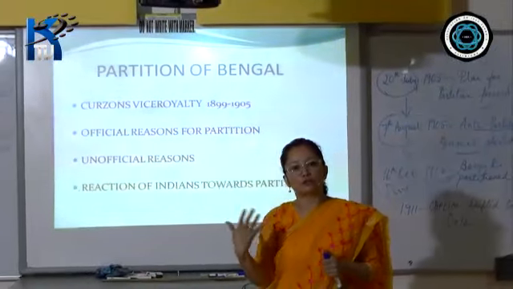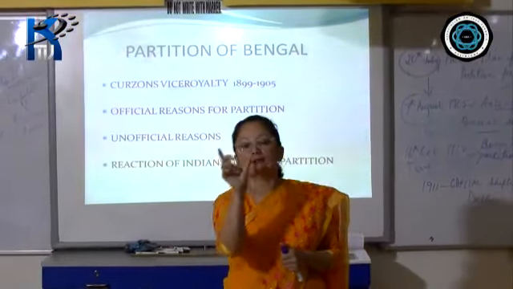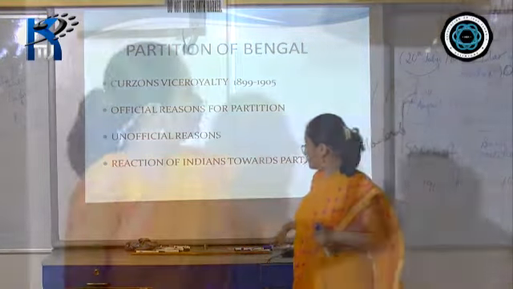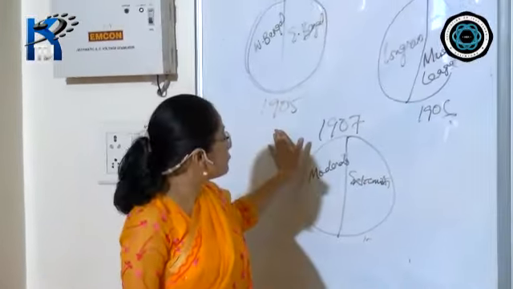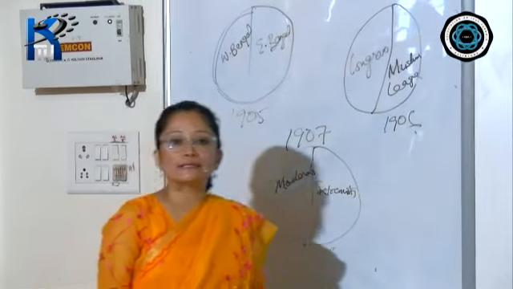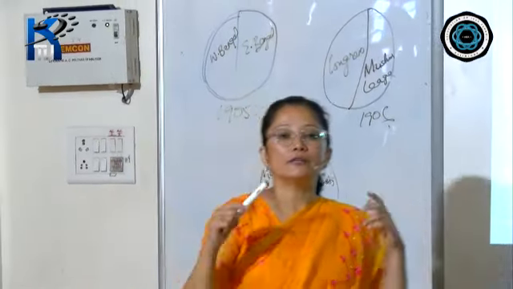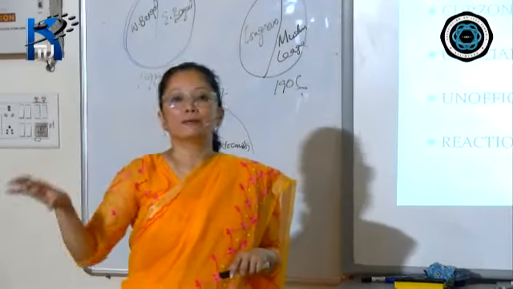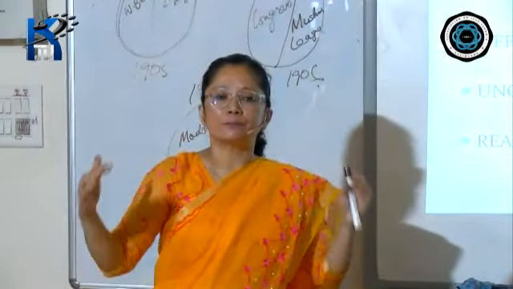normally while teaching the children also I say that this 5, 6, 7 is a period of breakups. So the period 1905 to 1907, I usually refer to as the period of breakup. Everything was breaking up.